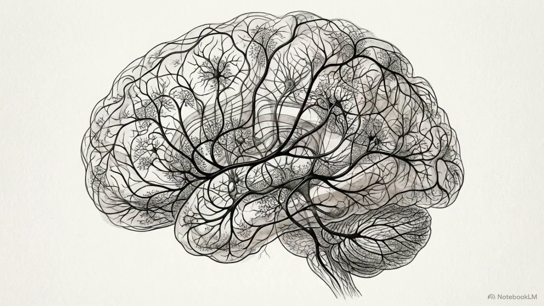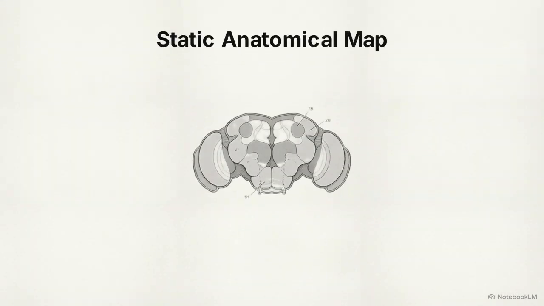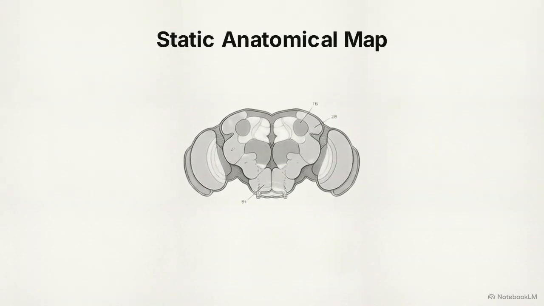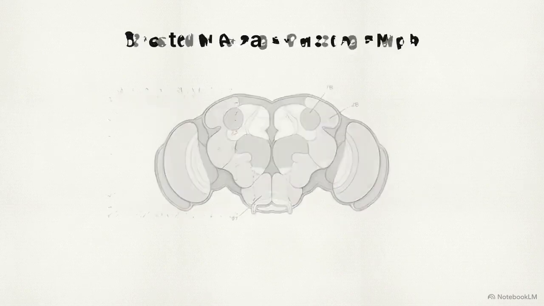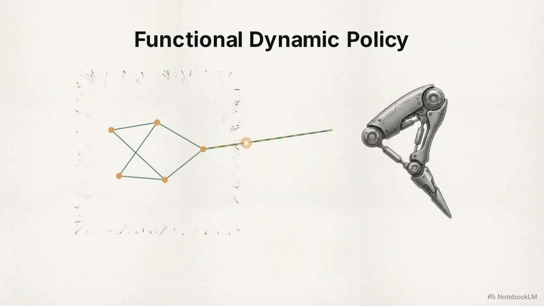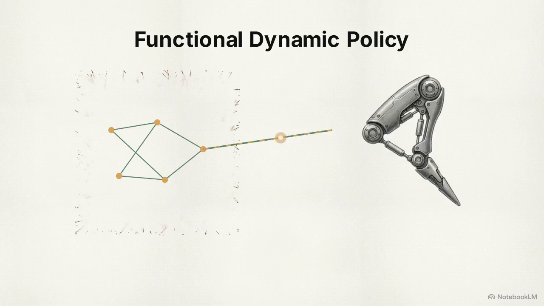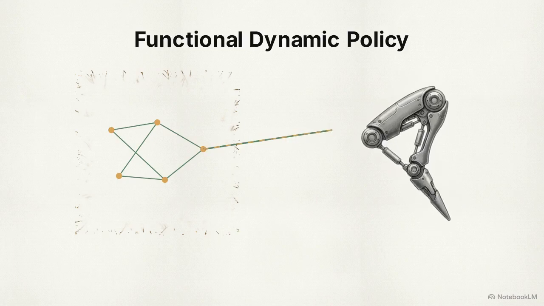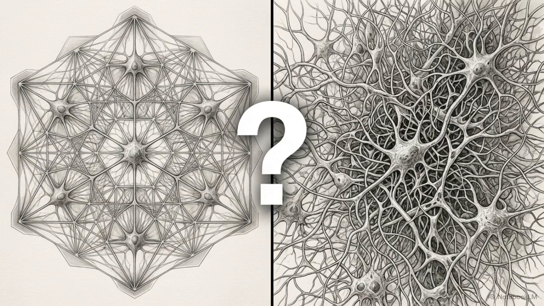The topology of the network is completely locked to the biological wiring diagram of the insect. The FlyGM model tests the hypothesis that static biological anatomical maps can be directly compiled into functional, dynamic policies without relying on human-engineered corrections. This raises a question. Does rigid adherence to biological wiring actually yield better robotics control, or is it merely an aesthetic choice?